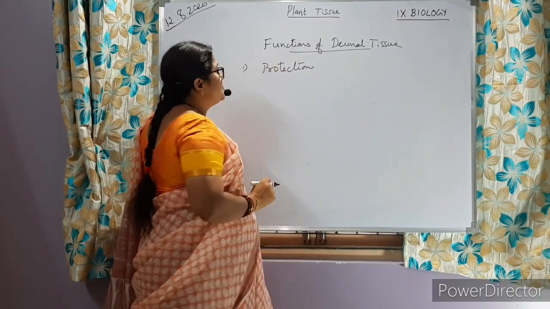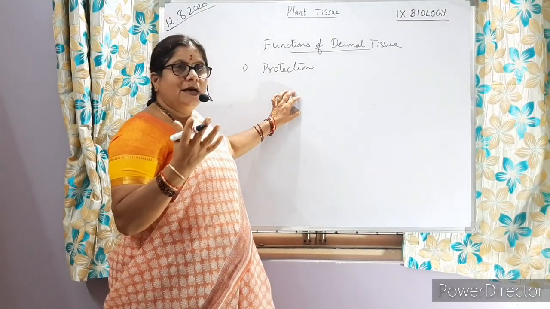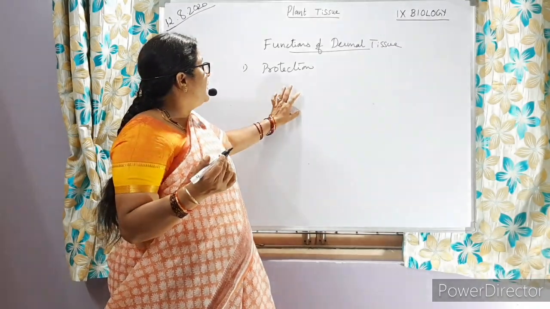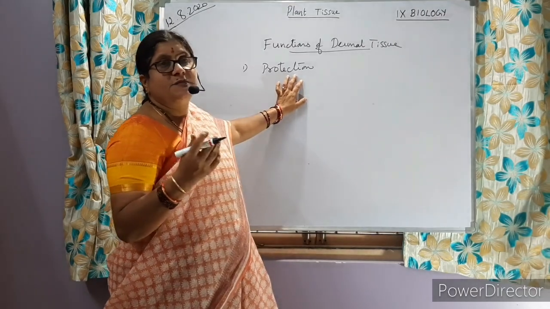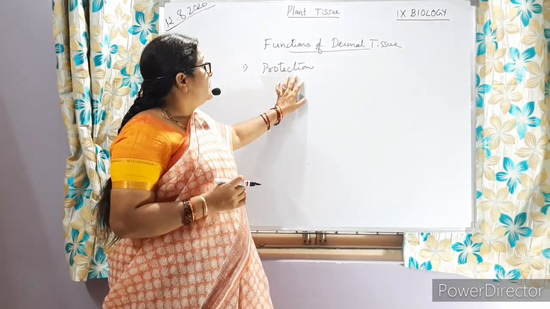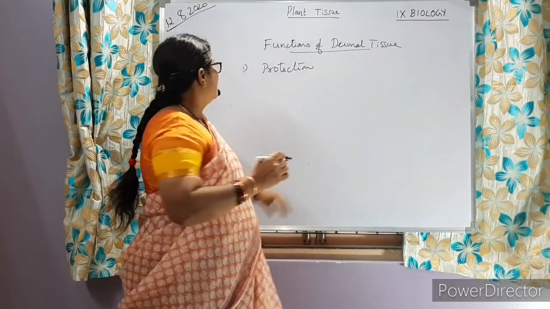Dermal tissue gives protection to the inner parts present in the two layers, that is the outer epidermis and the inner endodermis layers. Whatever different types of cells are present, they are getting protected because of dermal tissue.